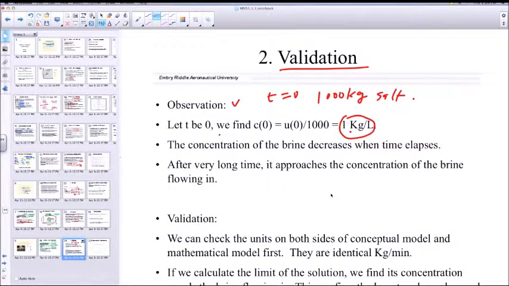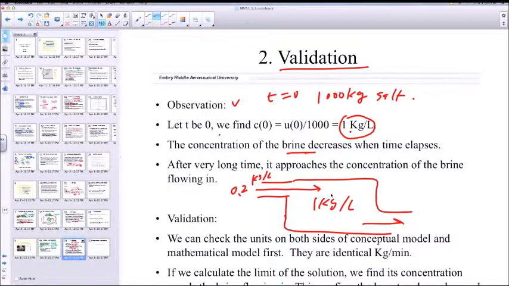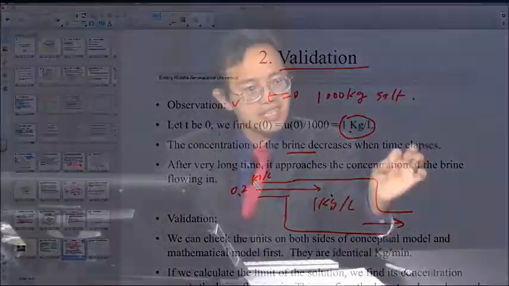And what else can you check? Oh, because the flow in has a lower density than the inside, which is 1 kilogram per liter, this brine would dilute the concentration of the salt inside. When I say dilute, you understand that means the concentration will become smaller and smaller over time.